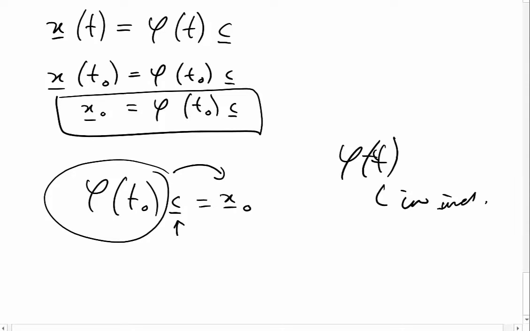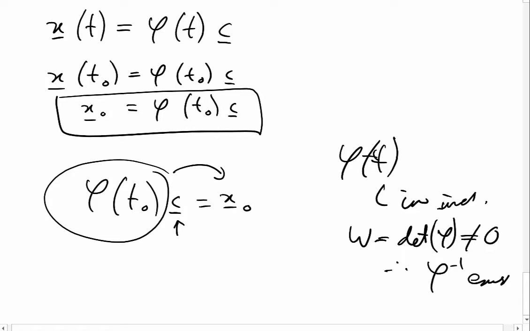So the Wronskian, which is the determinant of this thing, cannot be equal to 0. So phi inverse exists. It's a lot of argument, but it makes sense if you think about it: there is an inverse of this fundamental matrix, which means I can take this phi over to the other side. So I can now write C as phi inverse of t naught times x naught.